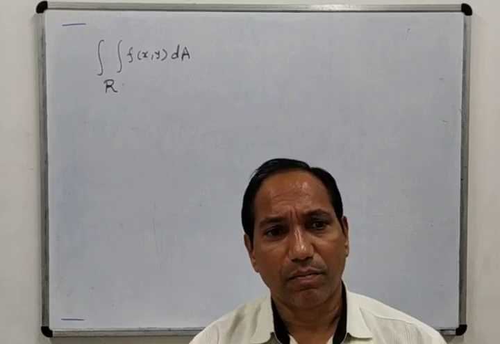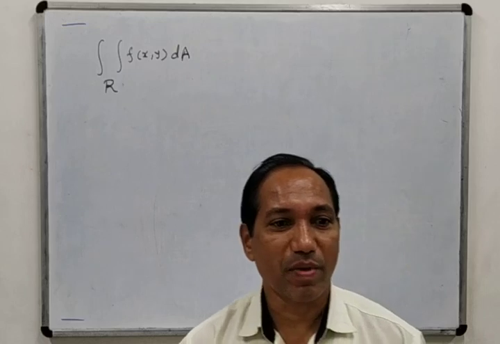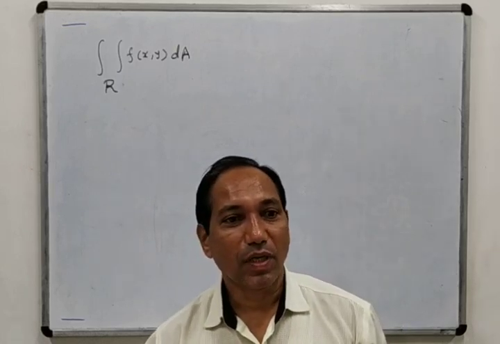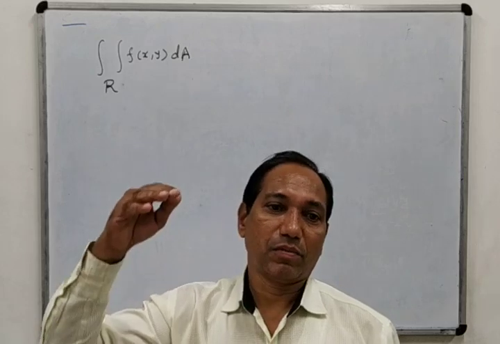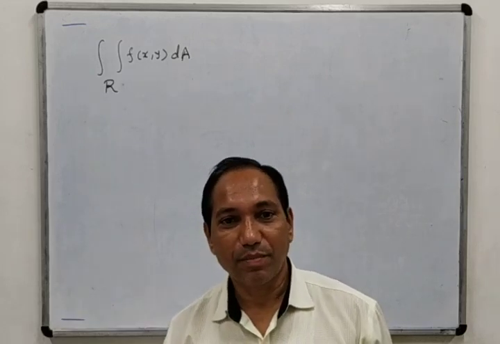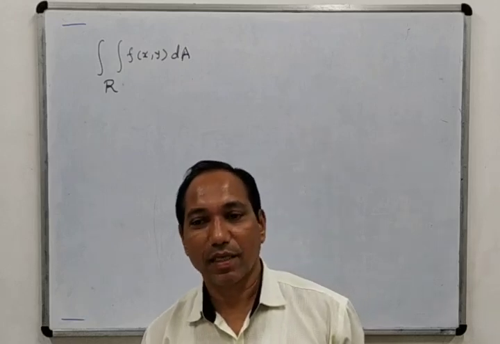Once you are clear with this task and already aware of how to determine the limits, there is no problem, because after determining the limits we come to the original solution steps. That means we simply integrate as we integrated the problems in the last lecture.